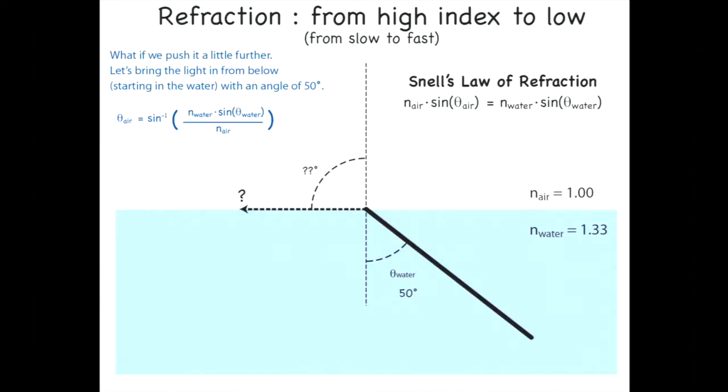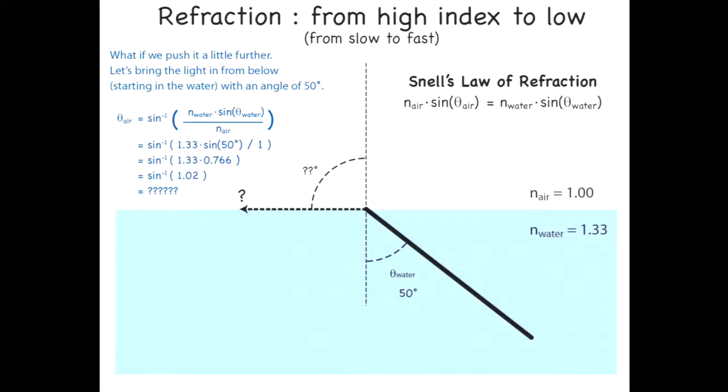Sine of 50 degrees is 0.766. We take 1.33 times that, because that's what n water over n air is, and we get 1.02. The arc sine of 1.02 is not a real number, because sine can only go from -1 to +1. So this has no real solution.